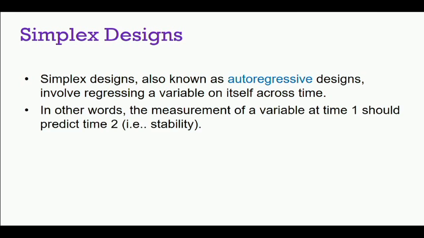So in other words, the measurement of a variable at time 1 should generally predict that variable at time 2, indicating stability. T1 to T2 and T2 to T3 will all be significant, just as T3 to T4 will be significant. It'll also be a strong correlation. We're not talking 0.2, 0.3 like maybe you saw in the assignment.